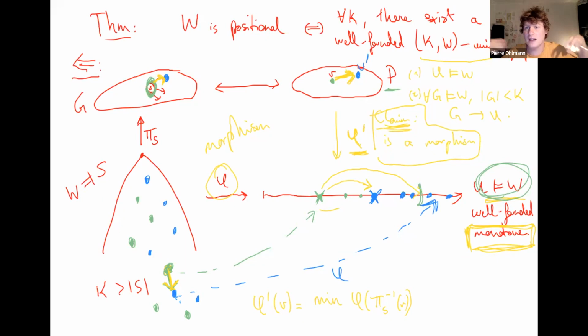And when the algorithm stops, then you are guaranteed that everything is valid, which means you have found such a map. If there is a winning strategy, there has to be such a map, and you've actually found the minimal one. And conversely, if the game is losing, there cannot be such a map. So this is why the algorithm is correct.